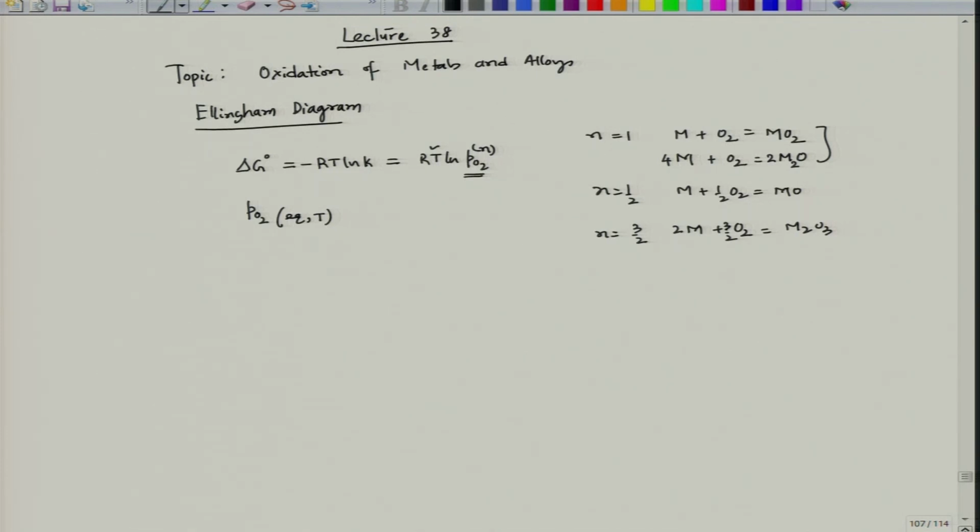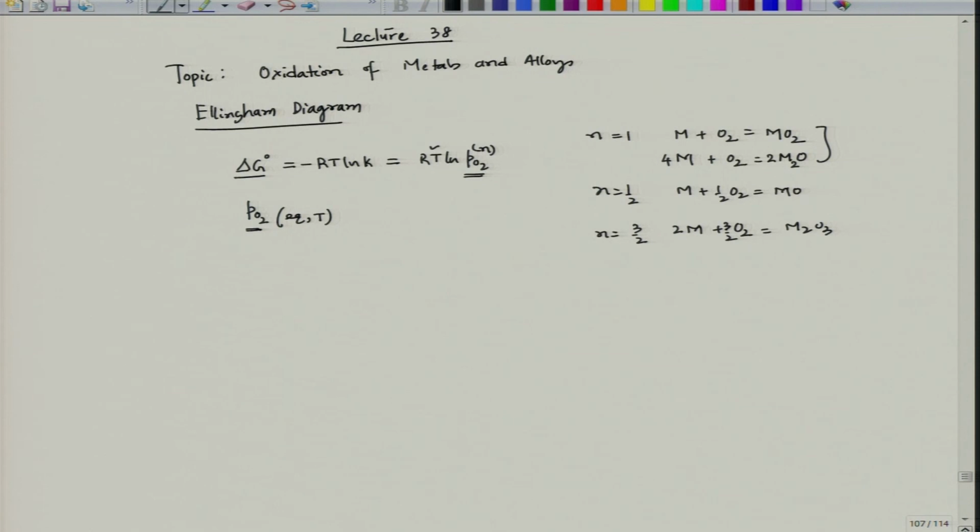Since delta G0 is a function of temperature only, as well as K is a function of temperature only, this partial pressure of oxygen becomes the equilibrium partial pressure at that temperature.